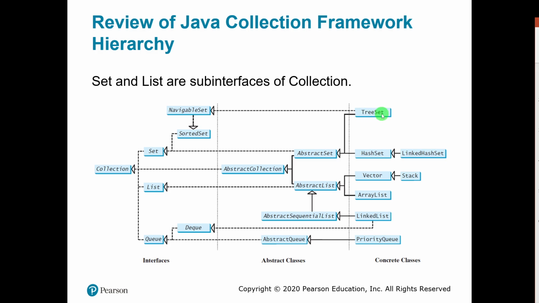Because tree set has an order, we can use an iterator to go through it in order, and we can also sort them. Hash sets or regular sets have no order to them. Tree sets have order.